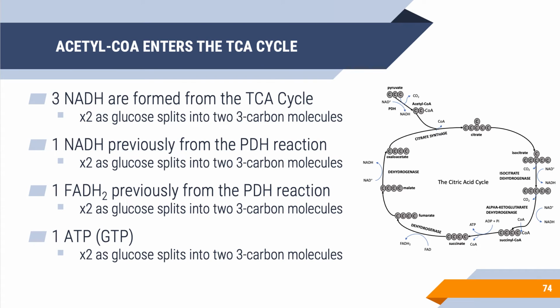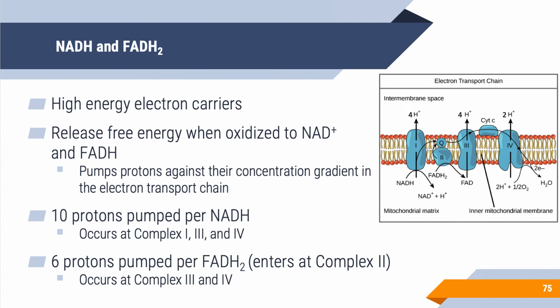So the reducing equivalents we're thinking about are NADH and FADH2. Another bonus of the TCA cycle is that it produces a small amount of ATP, but again, the major role of the TCA cycle is to produce reducing equivalents.